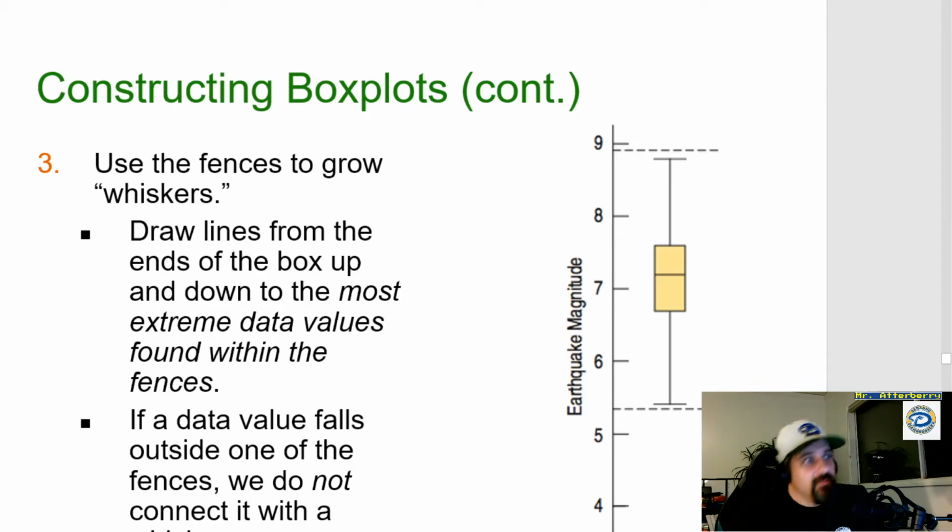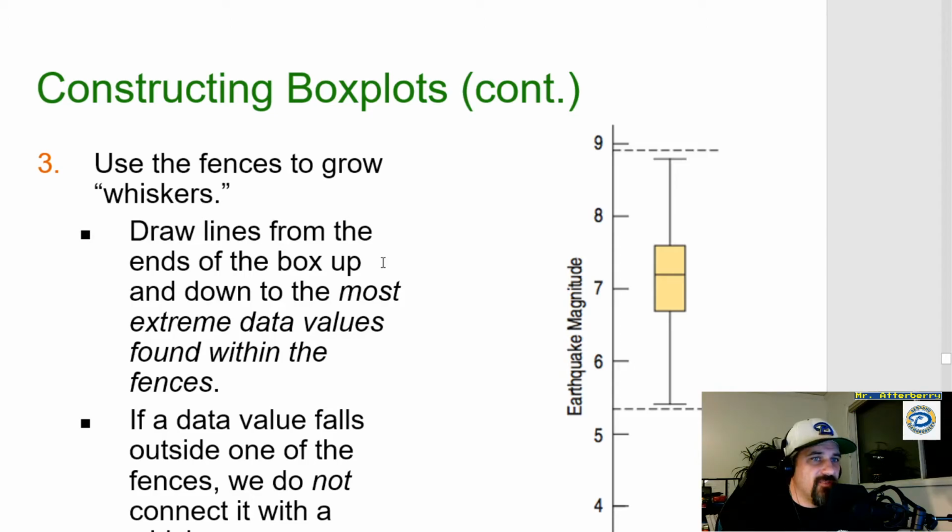And then draw lines from the end of the box down to the most extreme data values found within the fences. Hopefully you have your data set, and you look at your biggest numbers that do not go beyond the fence. Beyond the fence are the outliers, and usually you plot those differently than just drawing them out.